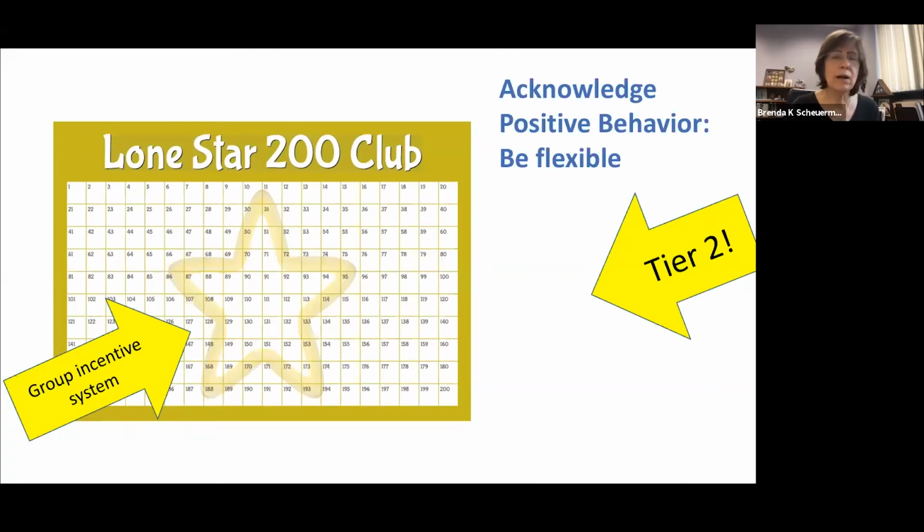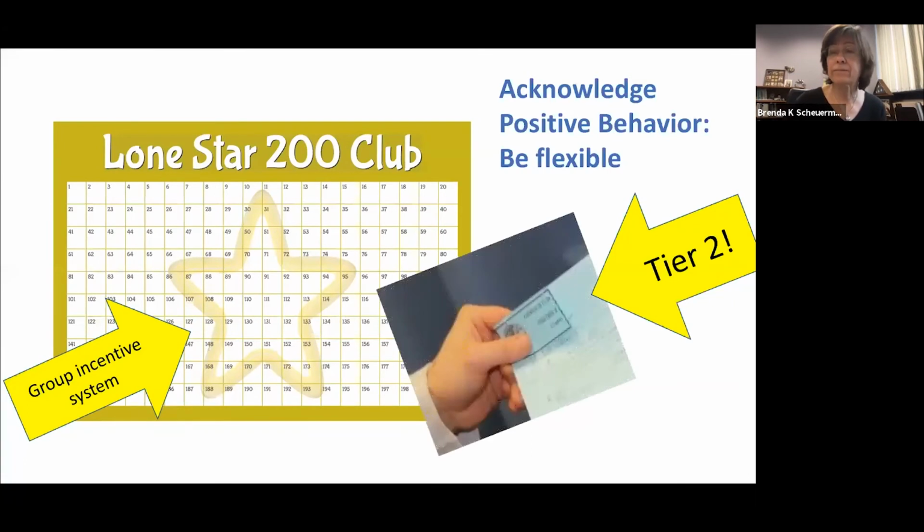So we use all kinds of incentive systems. Again, when I'm working with staff in alternative programs, I tend to describe our goals, what we're trying to accomplish with these incentive systems. And then I let the staff or the PBIS leadership team come up with the form that they're going to use.